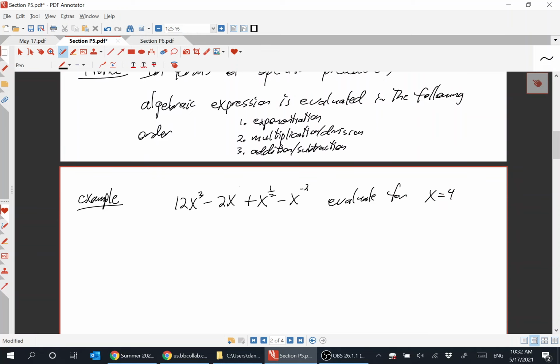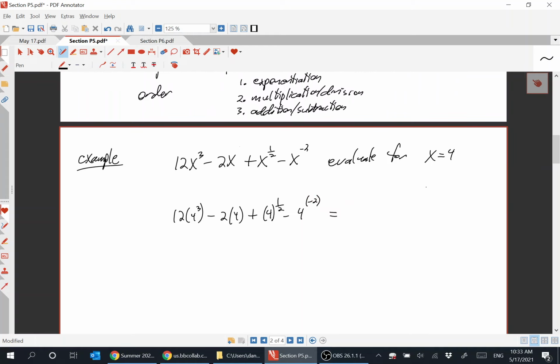I'm going to replace x with 4: minus 2 times 4 plus 4 to the 1/2 minus 4 to the minus 2. First I can evaluate the exponents. 4 to the 3rd, that's 64.